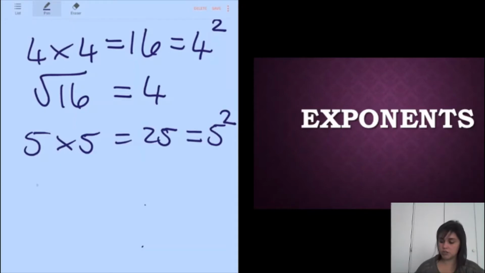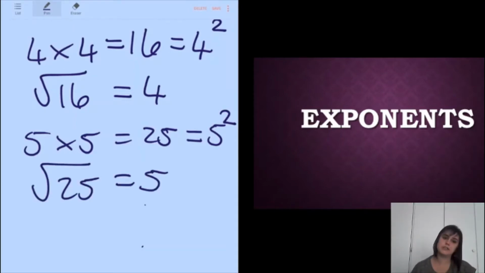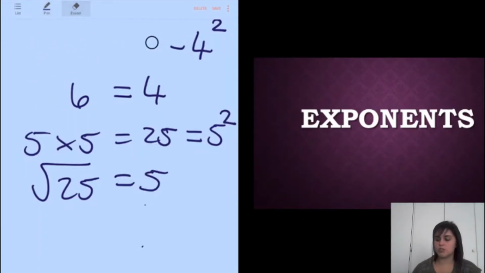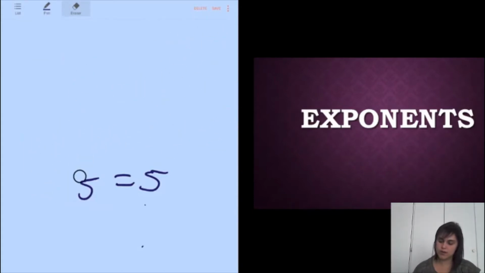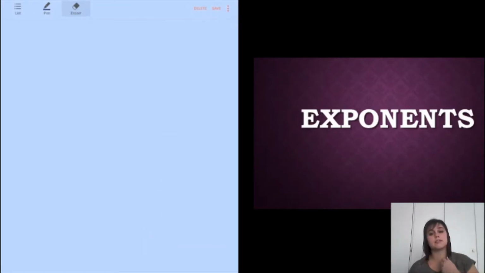Inverse operation, square root of 25 is equal to 5. So now what I want you guys to remember is that it's always good to know where it comes from, just so that you have a better understanding of why it works like it does.